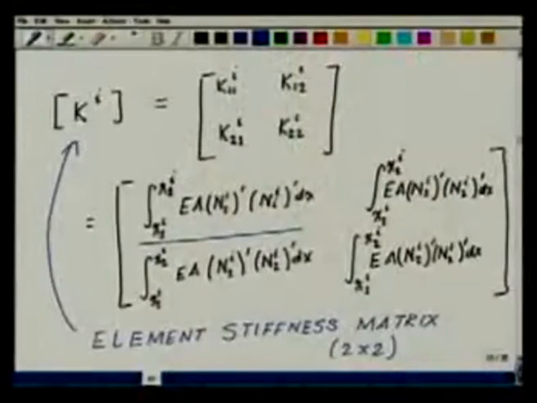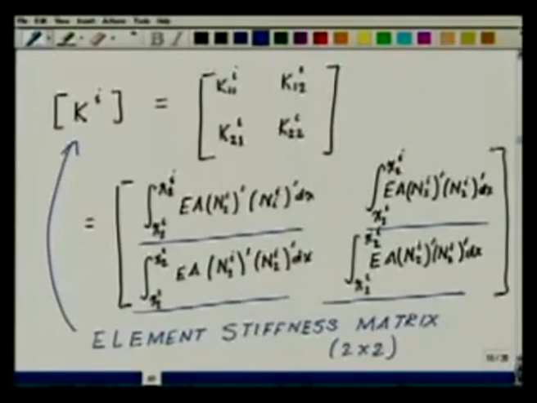All other phi i's are 0. If there were more phi i's, which we will see later on, which are non-zero in the element, the matrix size increases by that much. So this is the element stiffness matrix, and you see that we have computed now the entries of it. What we had done in the previous page, we have simply rewritten in terms of the element connotations that we have introduced. So they are given in terms of the element level entities.